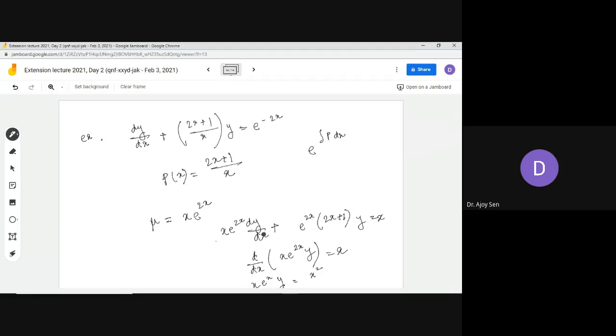So this is our solution plus C. So this is a very simple solution, or that's how you can solve this thing. So I'm doing it a little bit fast because I have not much time today.